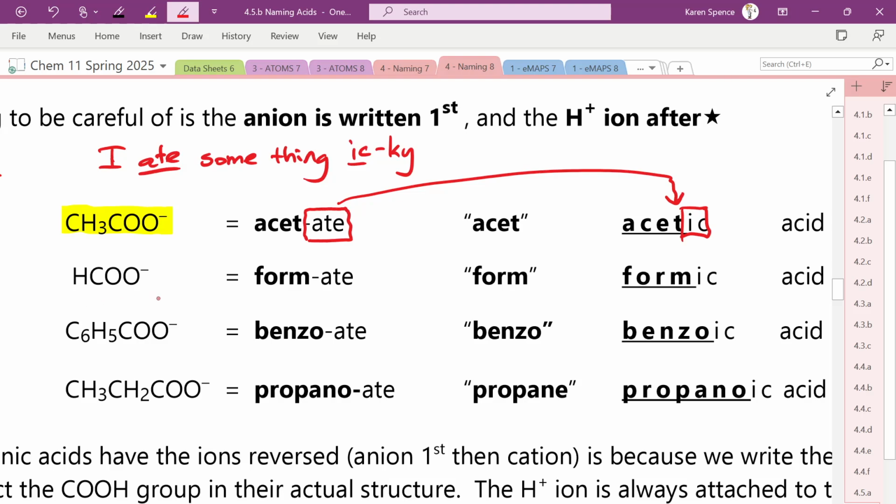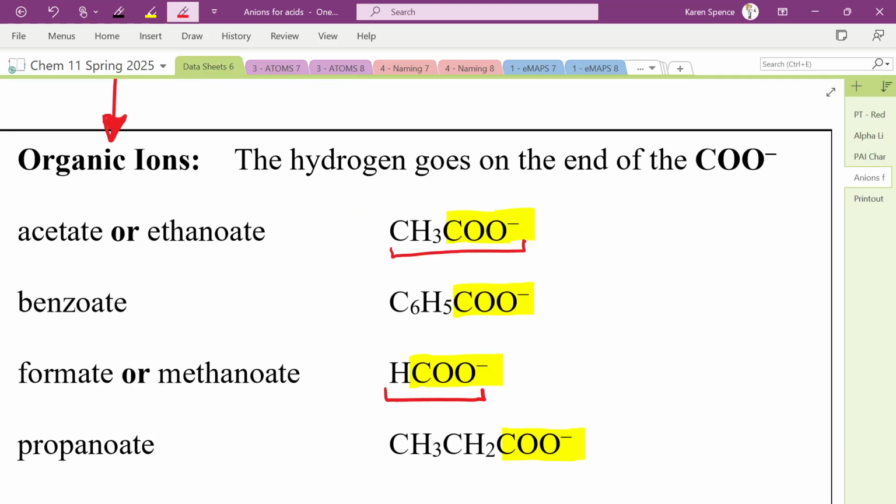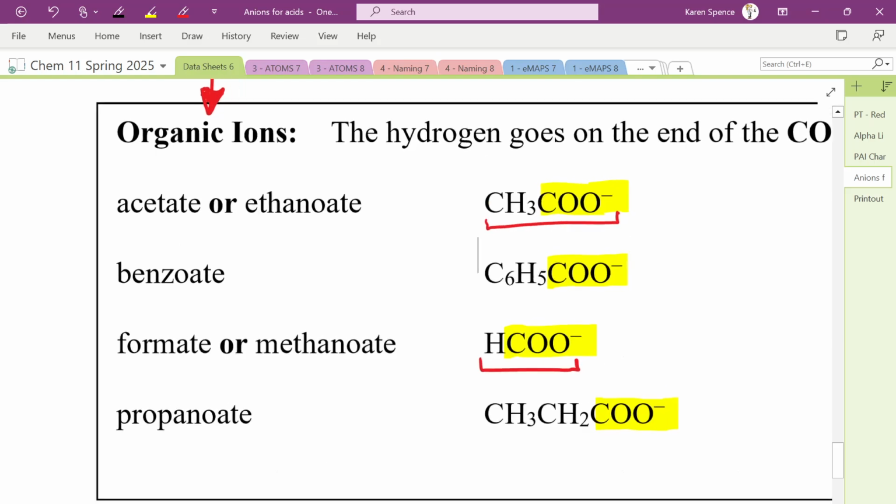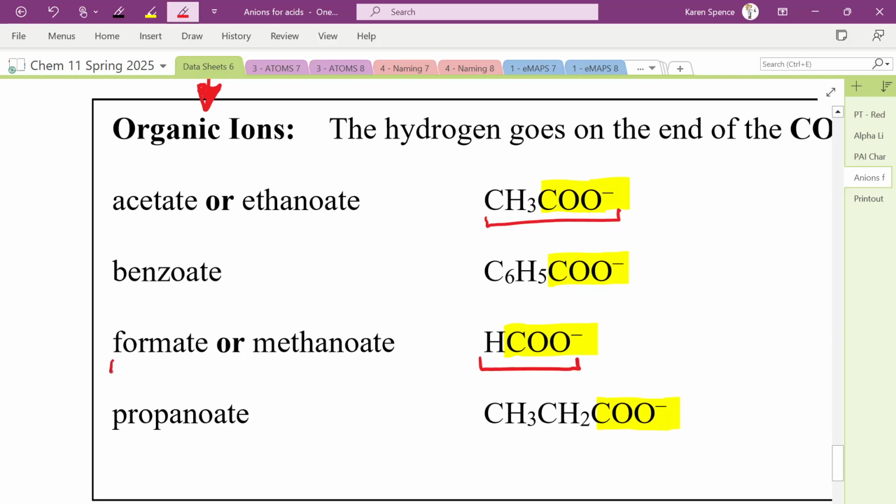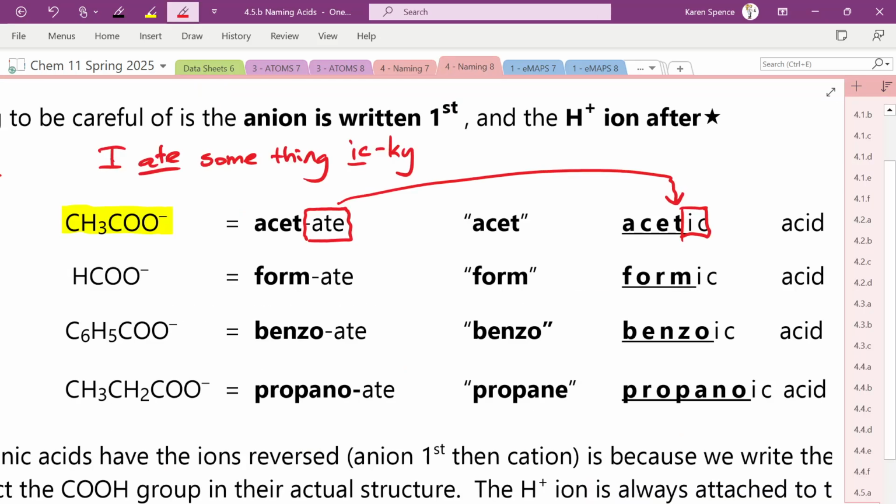So you would look up HCOO minus and you'd say, HCOO minus is either formate or methanoate. All right. I'm going to go with formate because it's shorter. I always like shorter. Okay. So that would be formate.